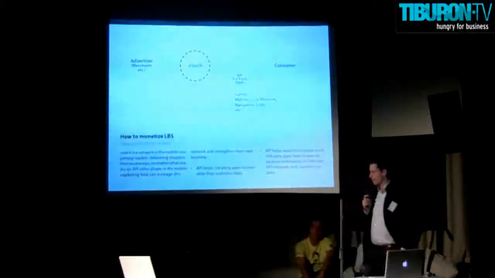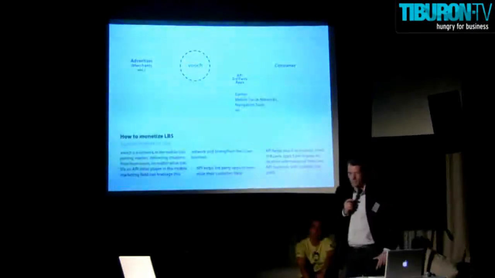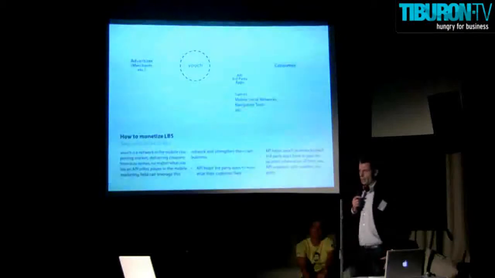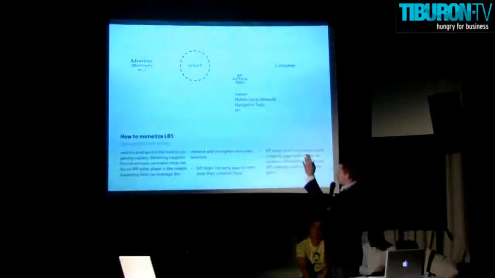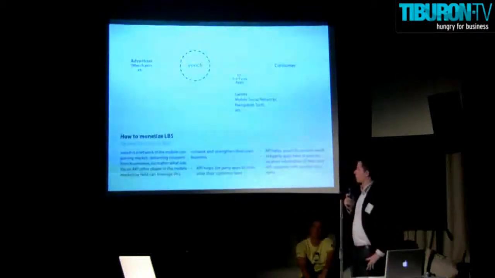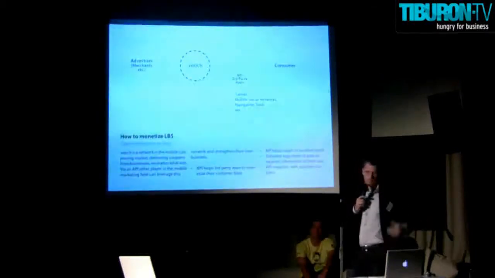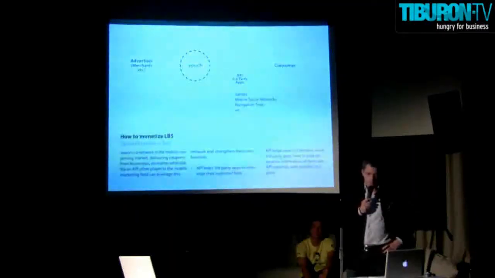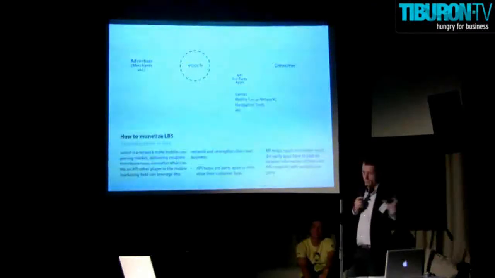We're also asked to talk a little bit about how to make money with this kind of system, how to monetize location-based services. And what we're currently doing is doing negotiations with advertisers obviously, and building a B2C platform, so trying to get a user base, consumers. And this is hard to do because we have to work on both sides.